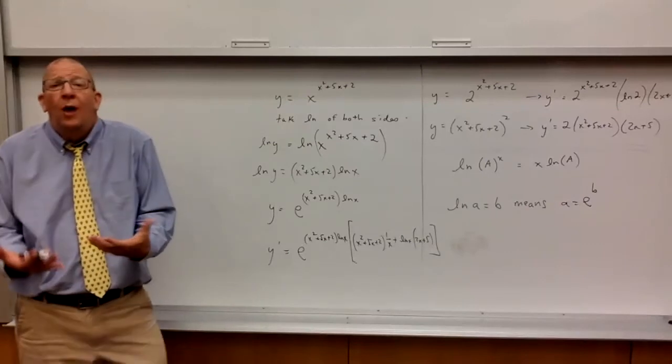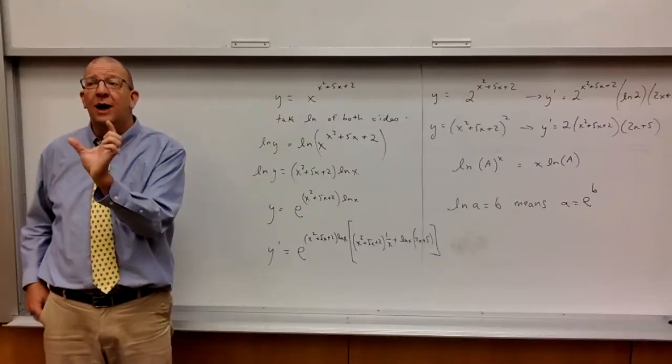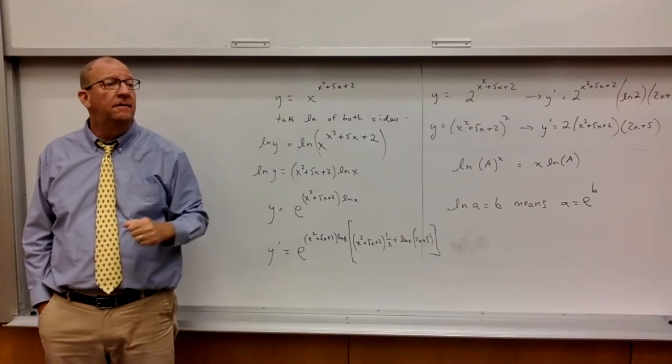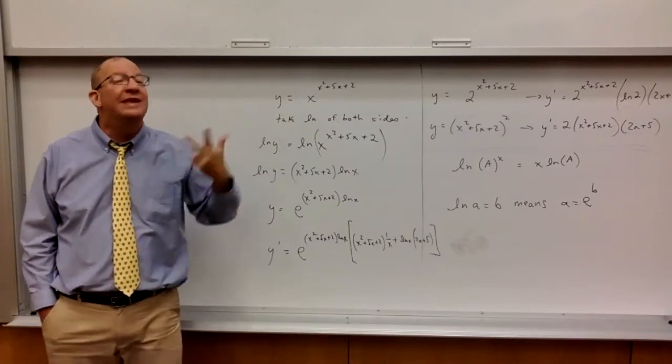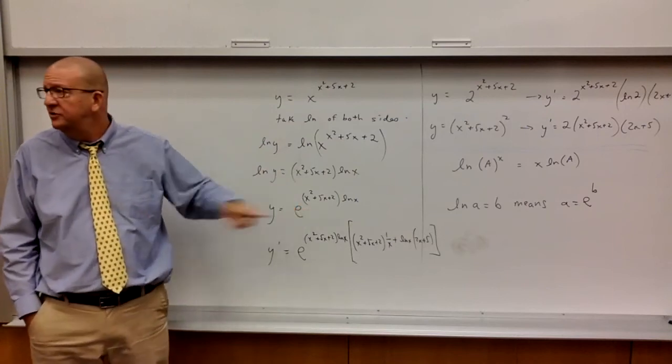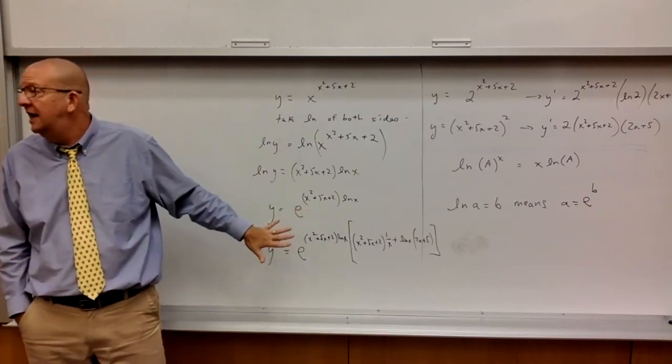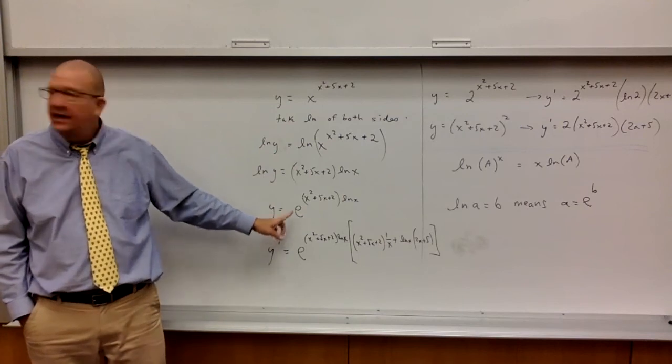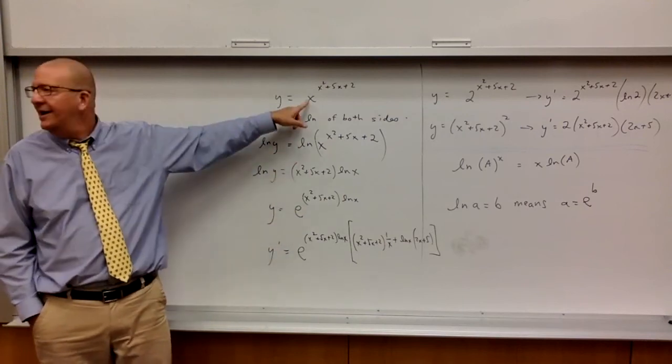What's the point? Why? It's because of that little log property where the exponent comes out in front. In other words, you get rid of the exponent. Of course, you recreate it in exponent form, but it's only one exponent and the base is a constant. Oh, we know how to take this derivative. I don't know how to take this derivative.